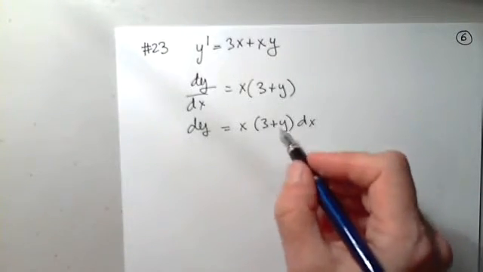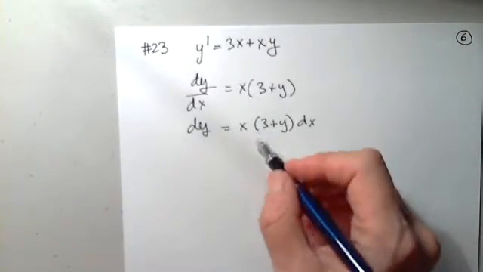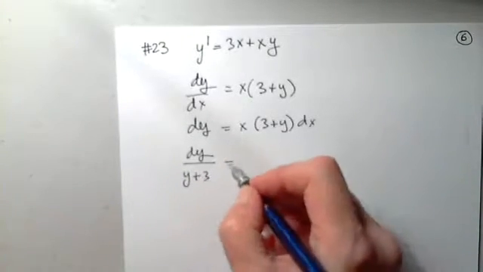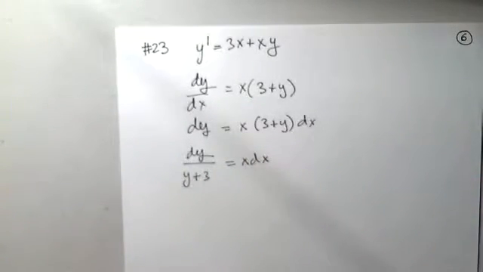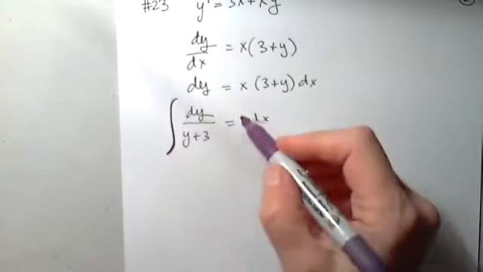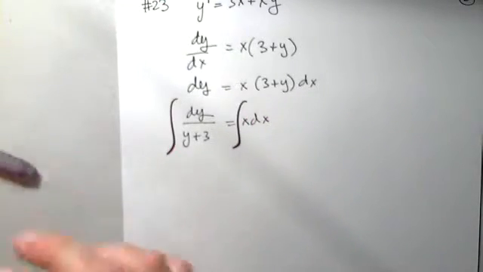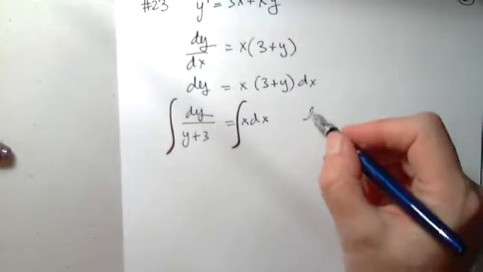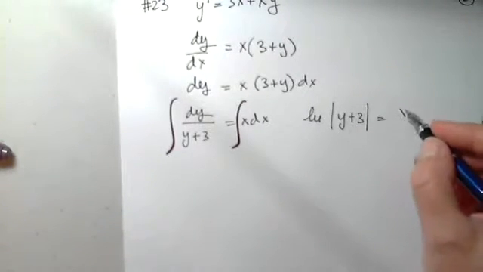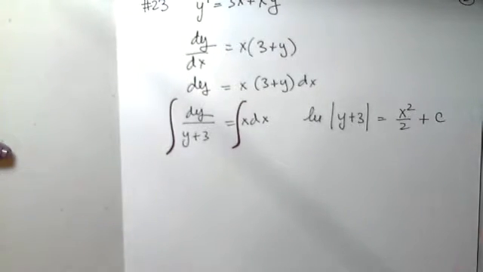And now I have to divide both sides by 3 plus y. So dy divided by y plus 3 equals x dx. At this point, the variables are separated. Therefore, I can integrate. The left-hand side is natural log of the absolute value of y plus 3. The right-hand side is x squared over 2 plus a constant c.